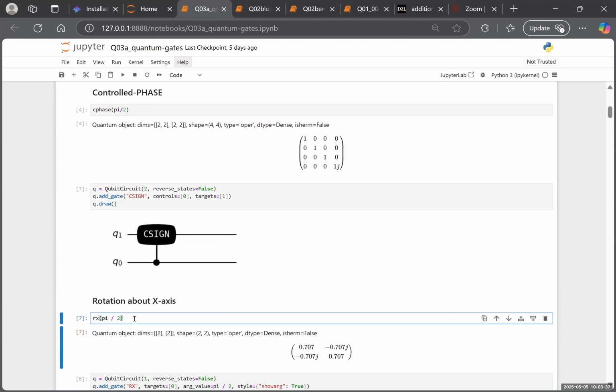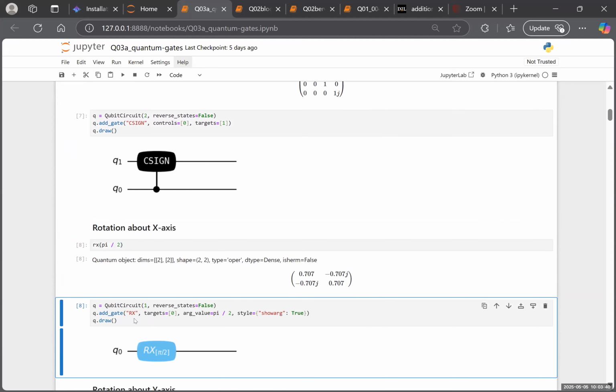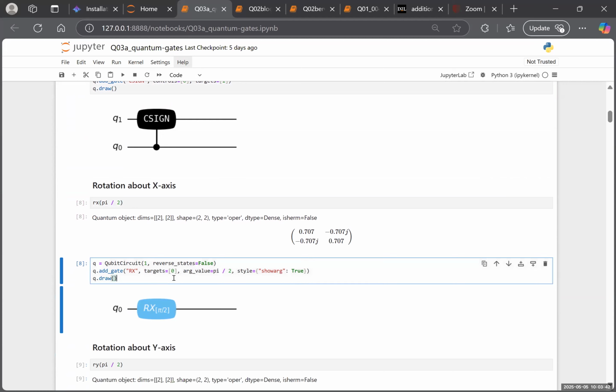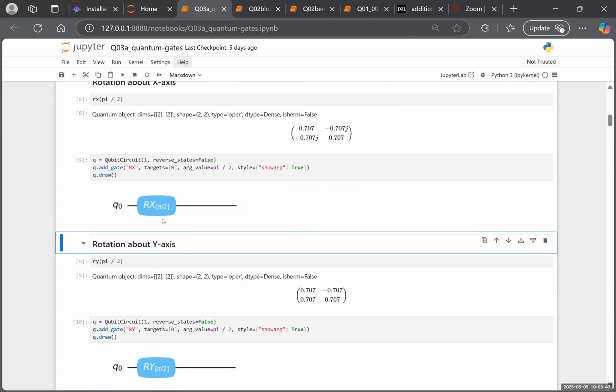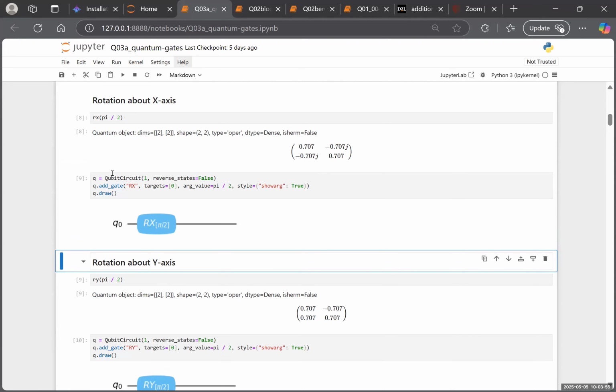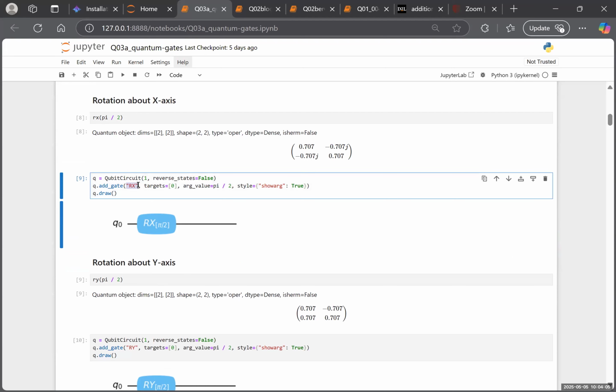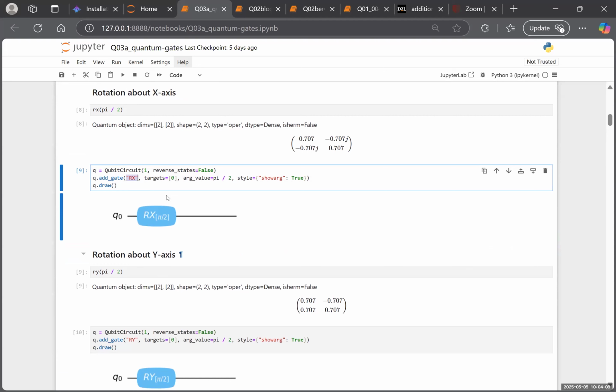So this is rotation about x. I will just show part of this because we don't need to go through all the gates. So y, right? You can show this. When you are writing the gate, you are using this rotation as a matrix. But when you are writing the circuit, you are using the text, the names of the gate, and you put an argument here, which is the target.